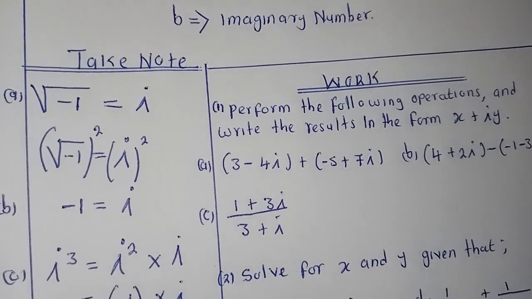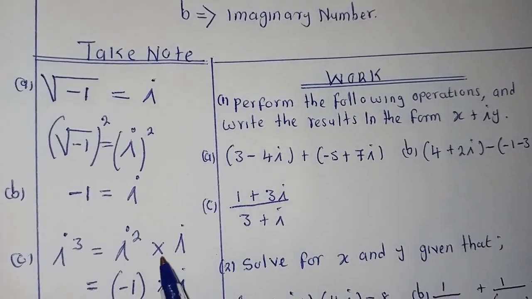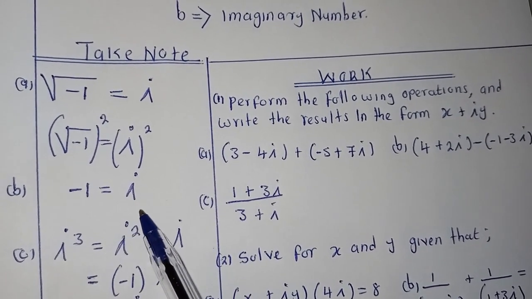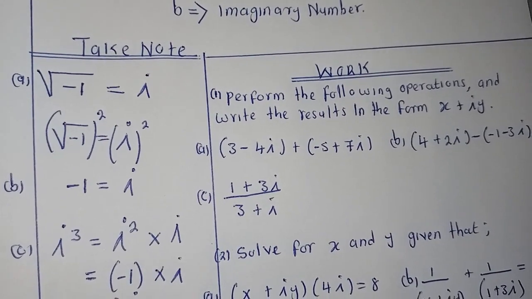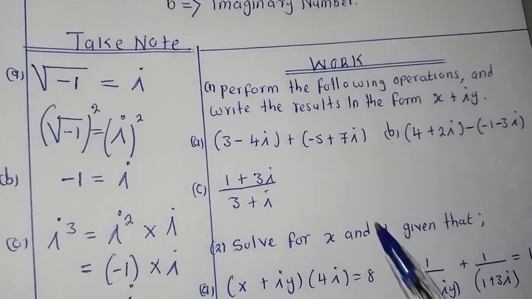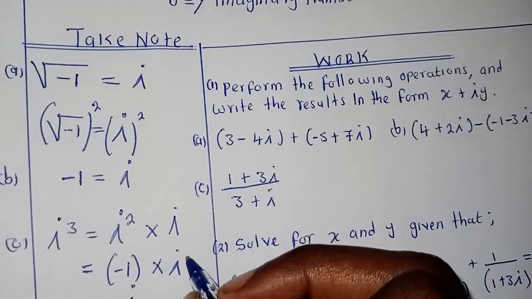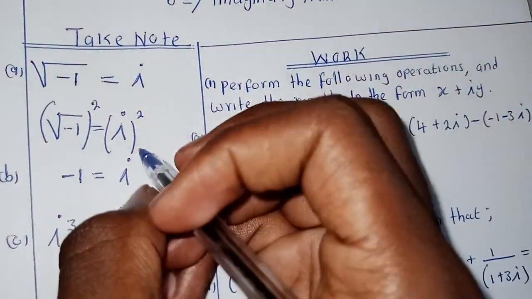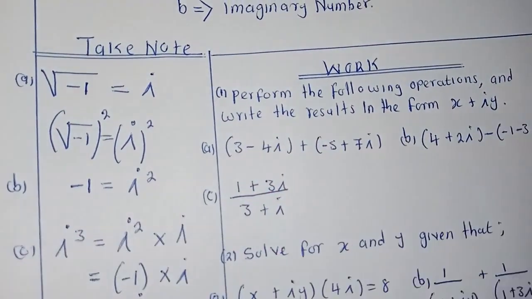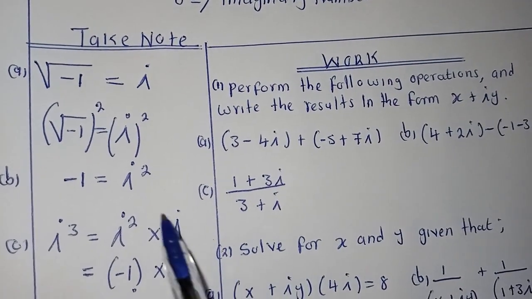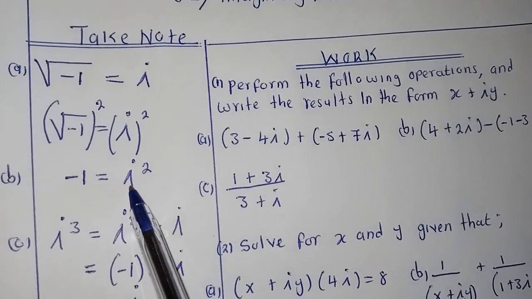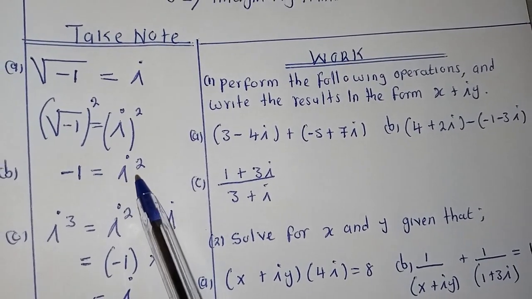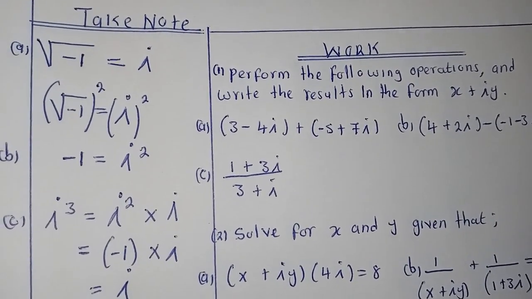Then we know that the two powers are going to cancel, and then we're going to remain with -1 equal to i squared. So, in other words, -1 is always equivalent to the imaginary number to the power 2. Make sure you take note of this. It will be very helpful.